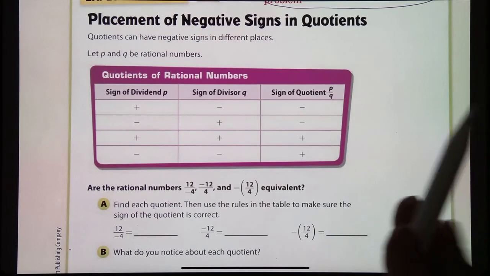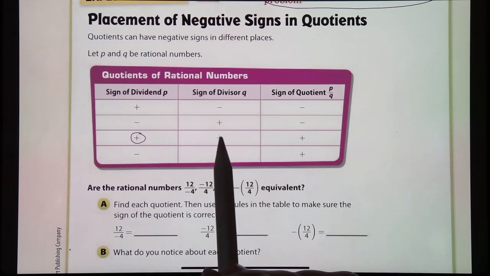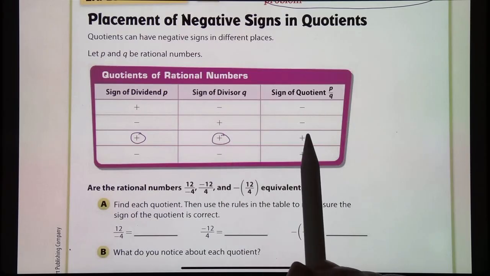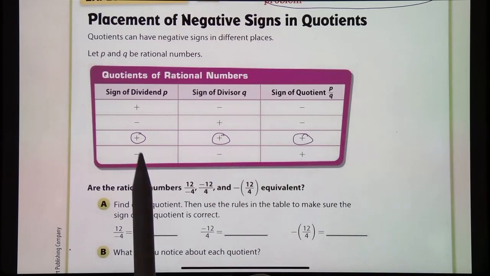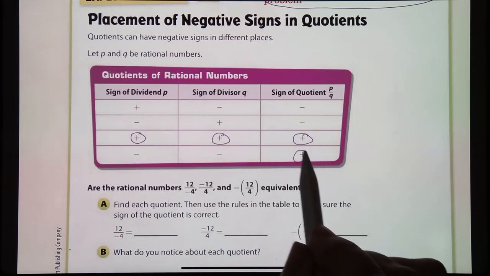Same thing with dividing. Now, if my symbols are the same, if I have a positive divided by a positive, my answer is going to be positive. If I have a negative divided by a negative, it's going to be positive.